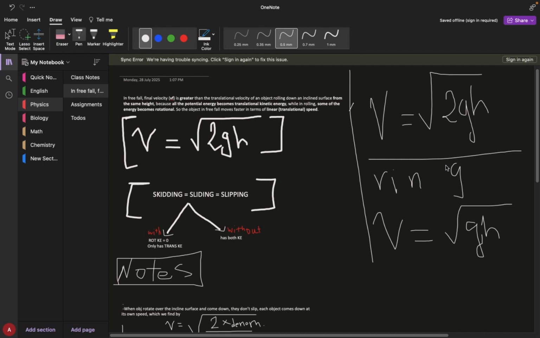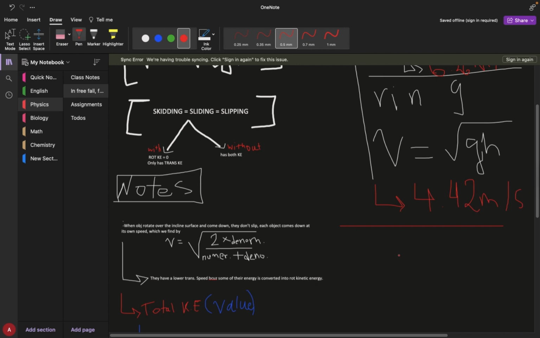So that'd be the square root of 9.81 times 2, that is 4.42 meters per second. Guys, try it for any of the other shapes for the sake of this video.